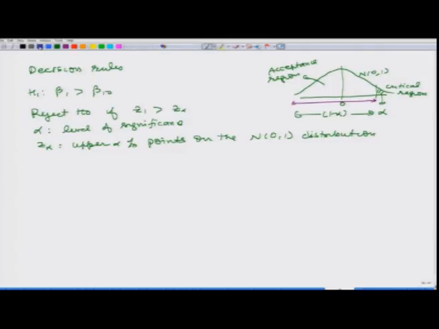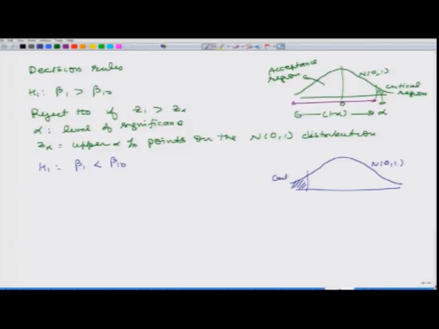Next, consider the case where H1 is beta 1 less than beta 1 naught. In this case the normal 0, 1 curve looks like this, but the critical region is on the left hand side.